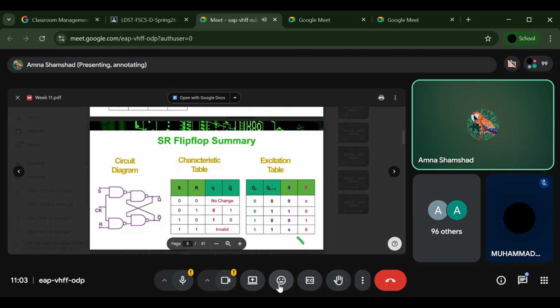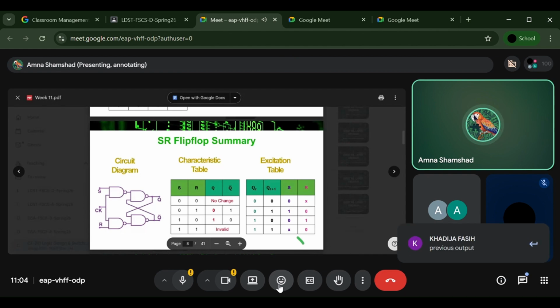This combination, output to the input and input to the output, is basically cross-coupled, and this cross-coupling gives you a storage capability, or a memory. This basically portrays a memory element, showing how it will retain its previous state.